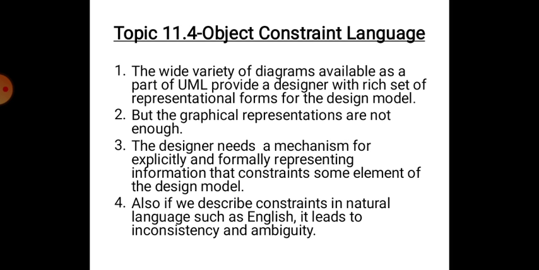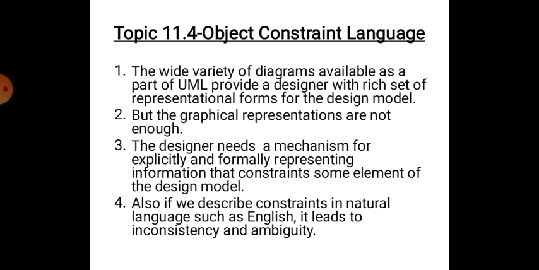Students, when you are developing a system, there are certain constraints. To express those constraints, the designer needs a mechanism which will help to explicitly and formally represent such information related to constraints on some elements of the design model.